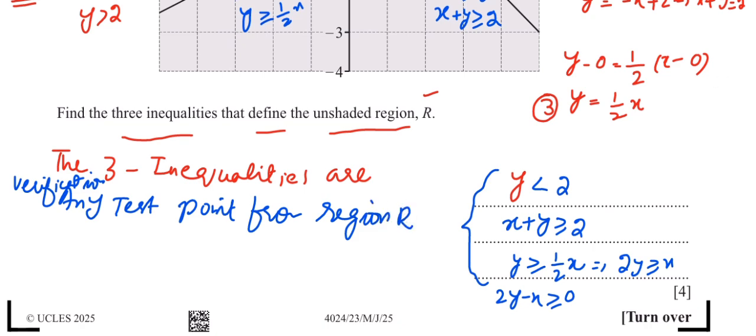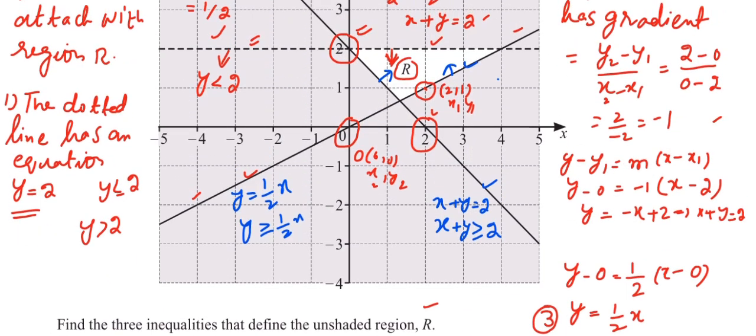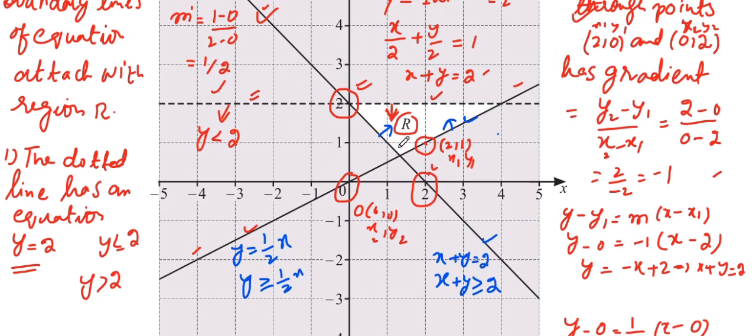Suppose we take y as 1.5, that is 3 by 2, and similarly x is 3 by 2, 1.5.